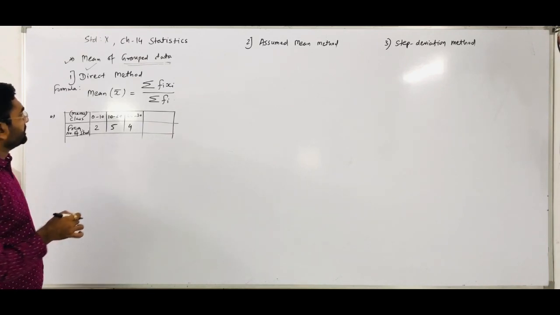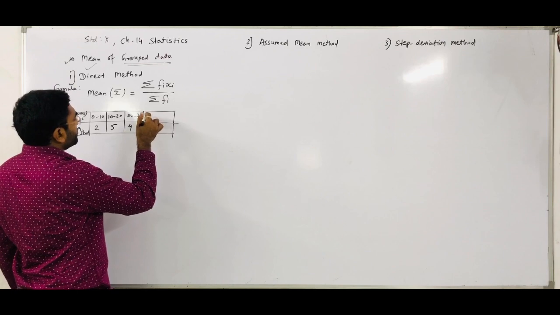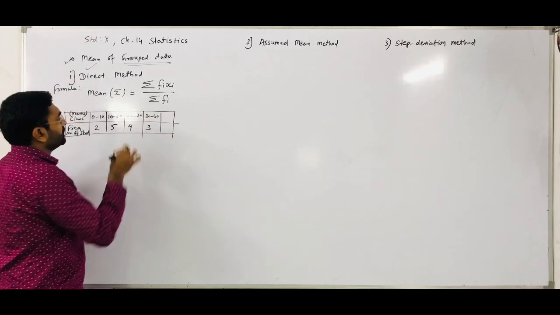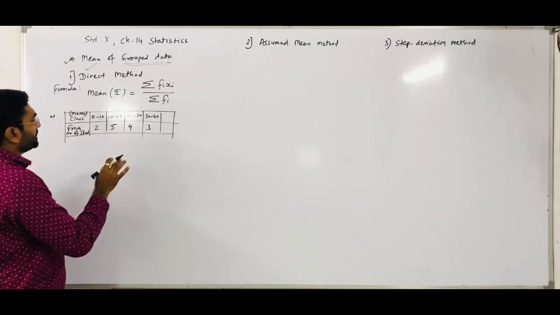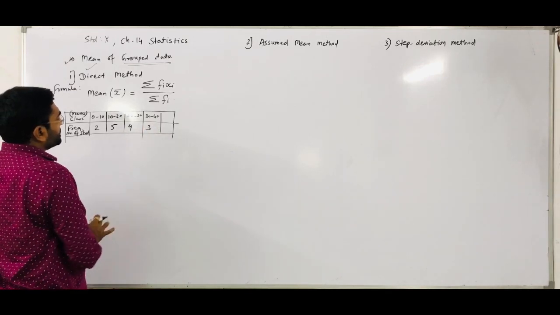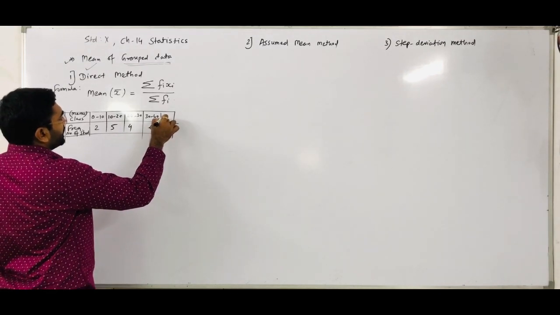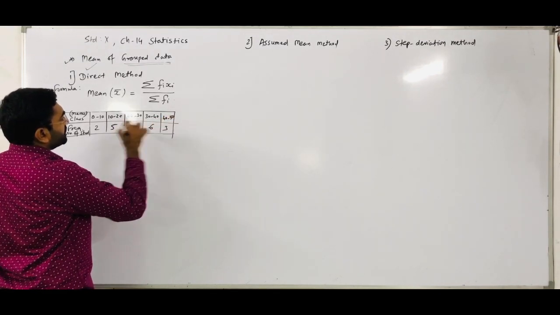Then 6 students get 30 to 40, and 3 students get 40 to 50.